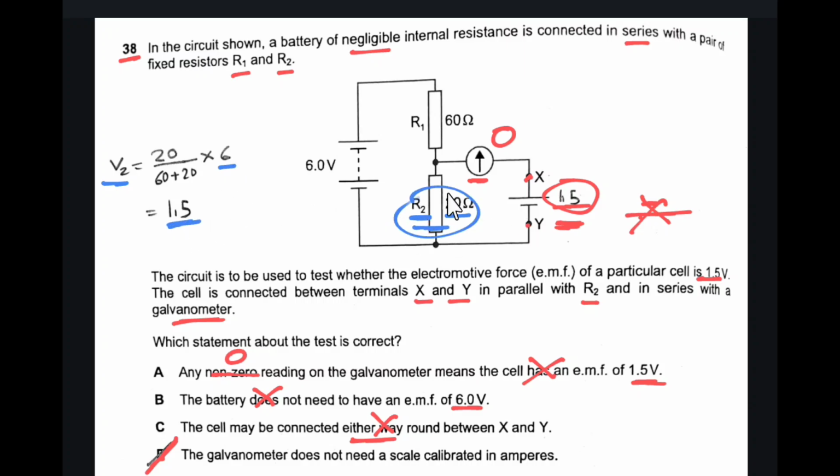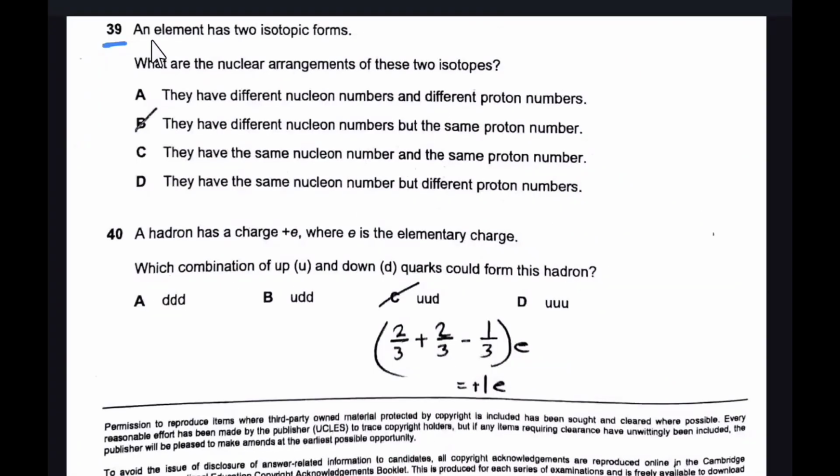As R2 has 1.5 volt and this cell is 1.5 volt, the 1.5 and 1.5 cancel each other out. So the overall current is 0. Since the overall current is 0, whether the galvanometer is calibrated in amperes or milliamperes or whatever it is, the reading would be 0. So we don't need to calibrate it, because whether we calibrate or not, we would get a 0 reading.